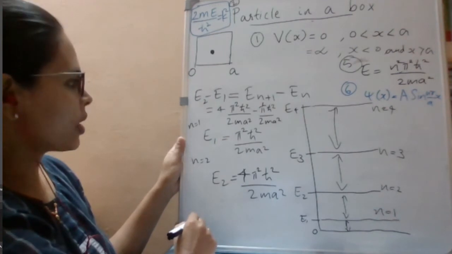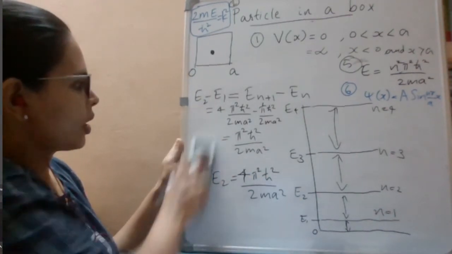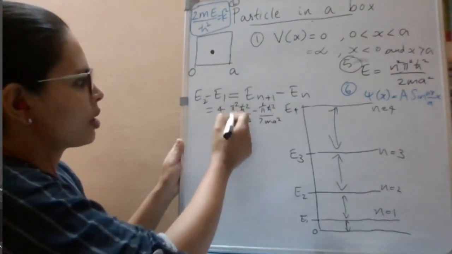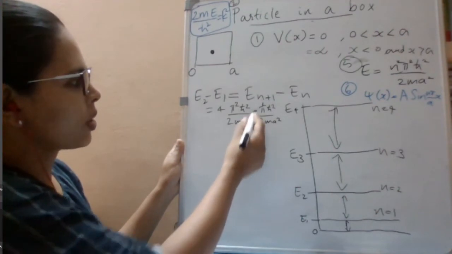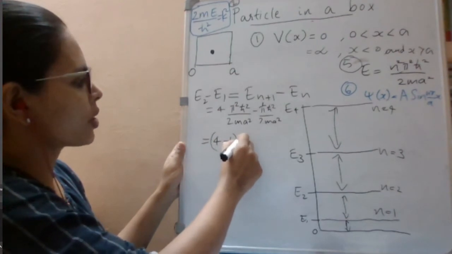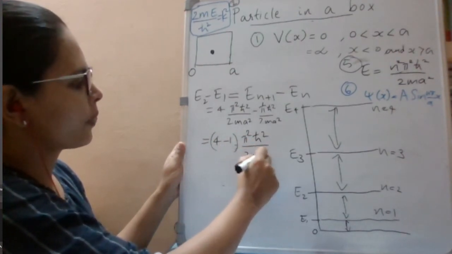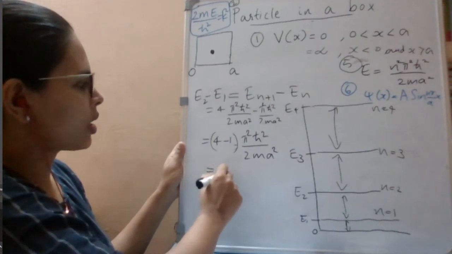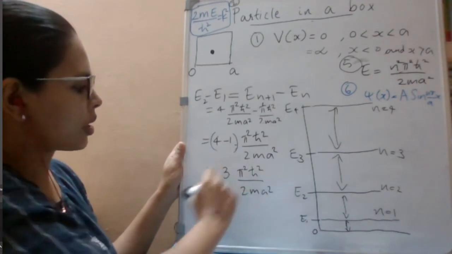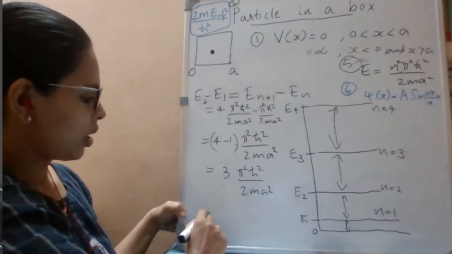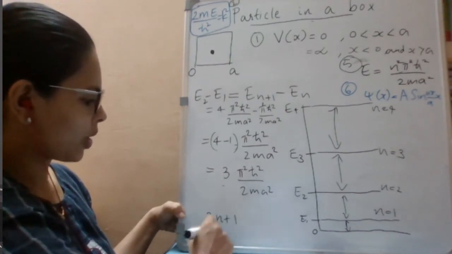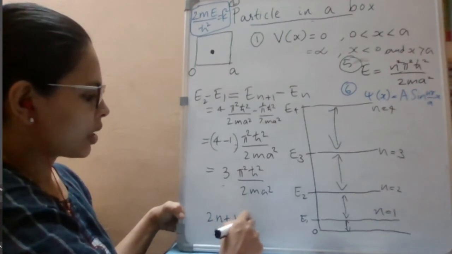So what you have is 3. This pi square h cut square by 2ma square is a common thing. So you have 4 minus 1 into pi square h cut square by 2ma square. That means it is 3 times pi square h cut square by 2ma square. This 3 can be generally written as 2n plus 1, because if you give n equal to 1, you will get 3.